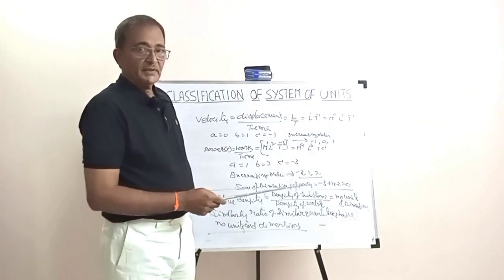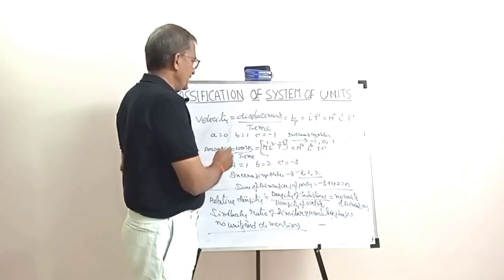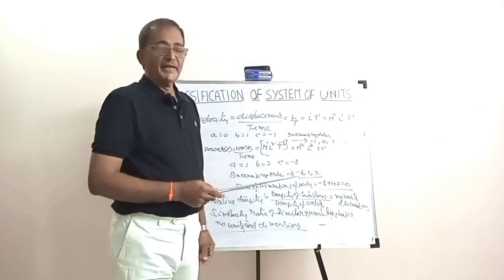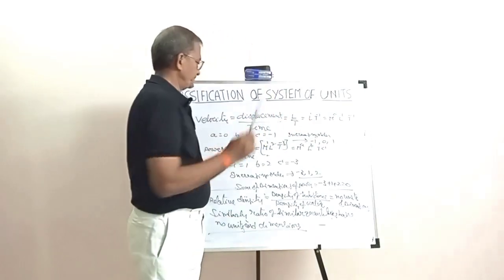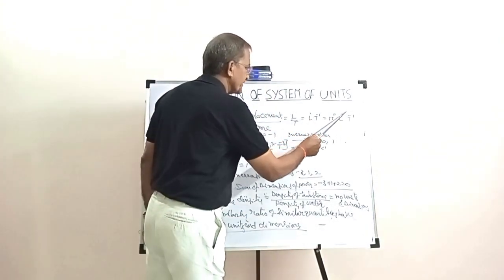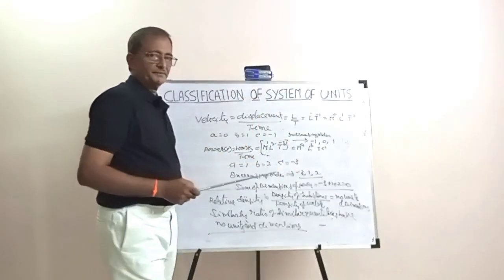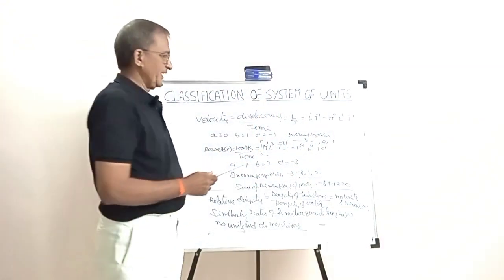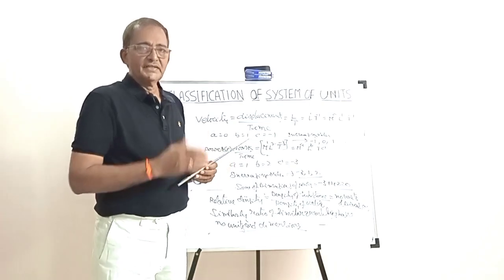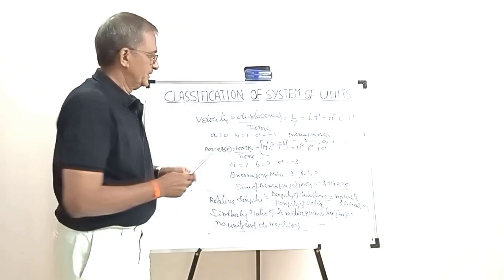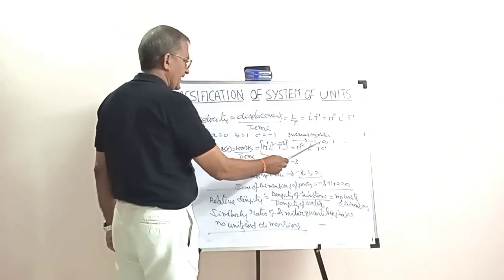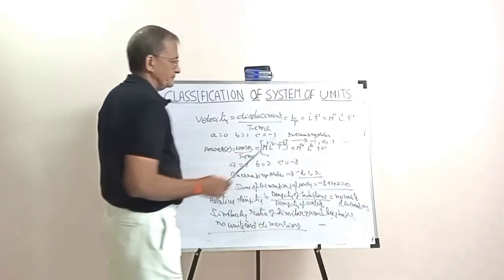That means the dimension of velocity in mass is 0, in length is 1, and in time is minus 1. So, the negative power is treated as less than 0 power here also. That's why if you are asked to arrange the dimensions in the increasing order, this minus 1 comes first, and later 0 and later 1.